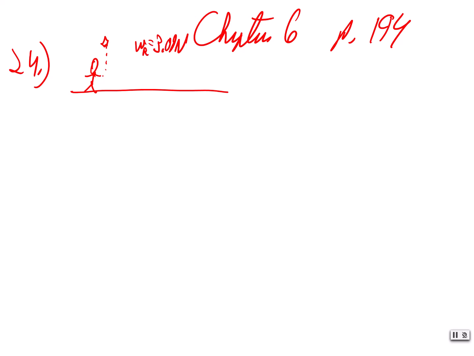You observe that when it is 15 meters above the ground, it is traveling at 25 meters per second. So when this is 15 meters, and if you want to write it this way, let me write weight over here. Weight of the rock is 3.00 newtons.